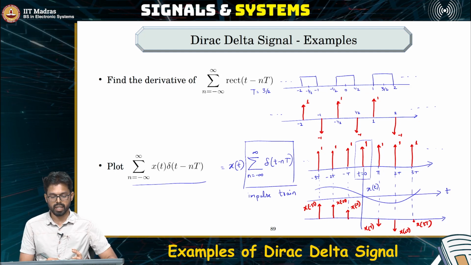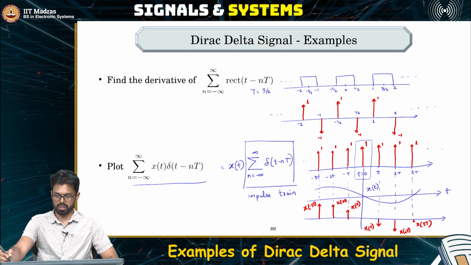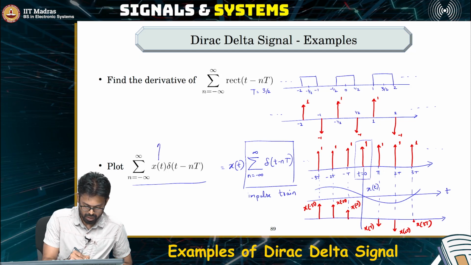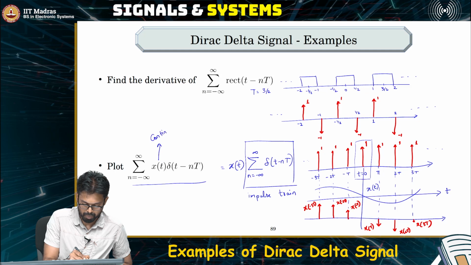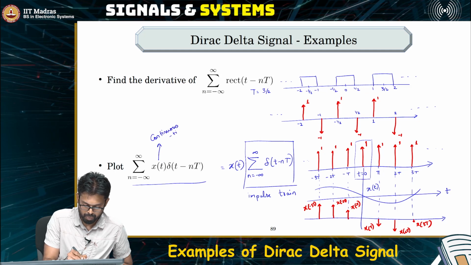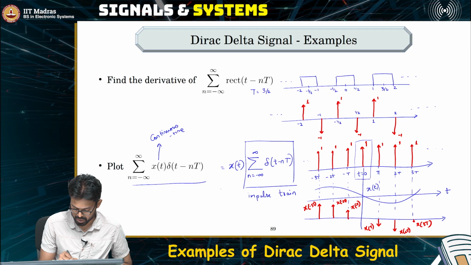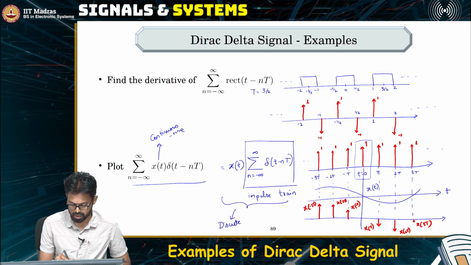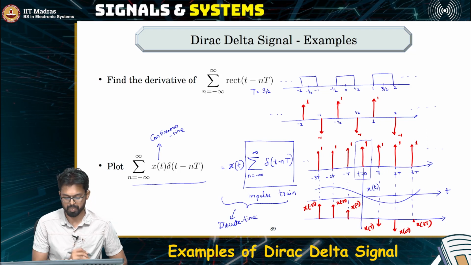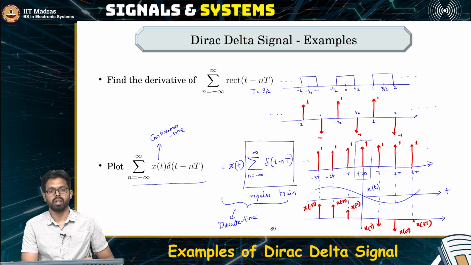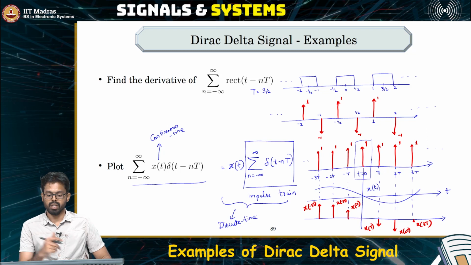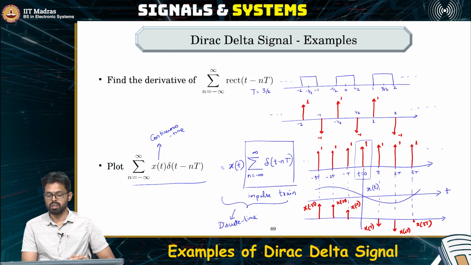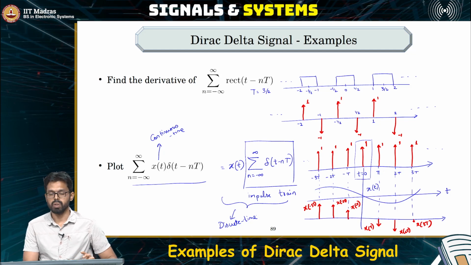So this is almost like discretizing a continuous time signal. Converting a continuous time signal to a discrete time signal can be mathematically represented or modeled using the product of that signal with an impulse train. So this is where the discretization is captured using an impulse train model.